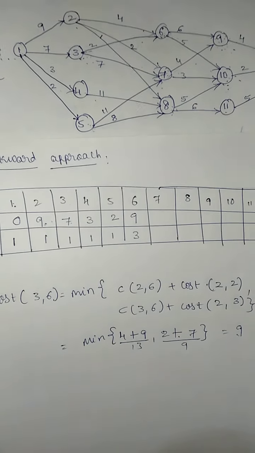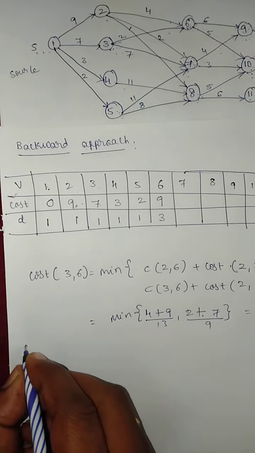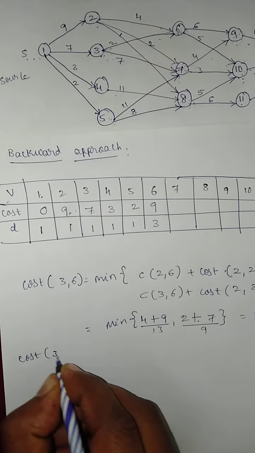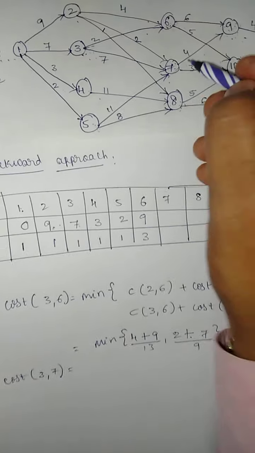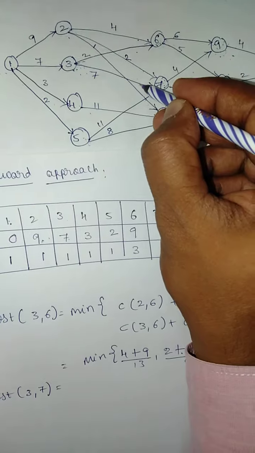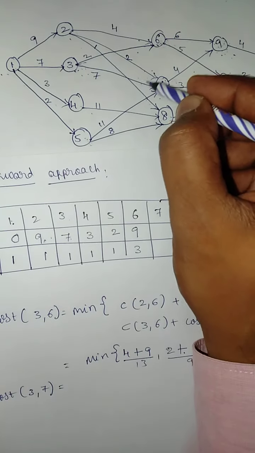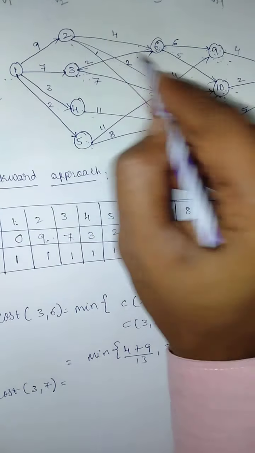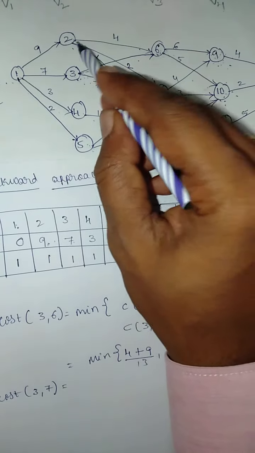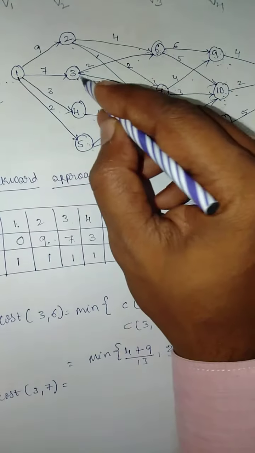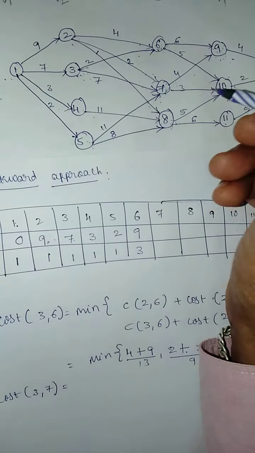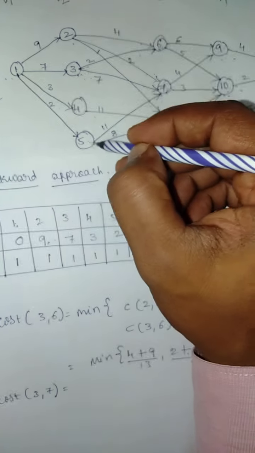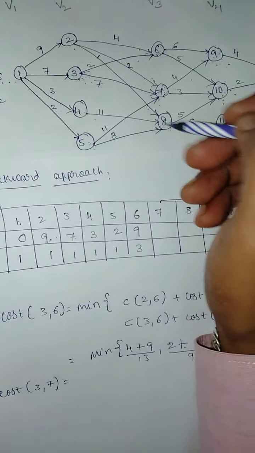Next, similarly cost of 3 comma 7. You can see for 7 there are 3 incoming edges. So cost of 2 to 7 plus cost of 2, then cost of 3 to 7 plus cost of 3, and cost of 5 to 7 plus cost of 5. You have to select the minimum out of this.